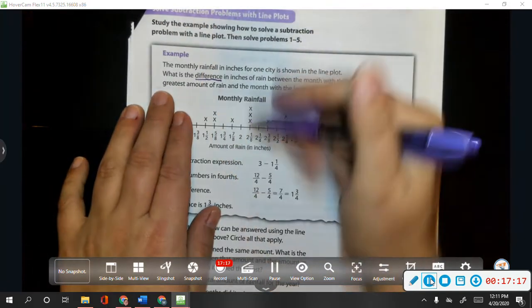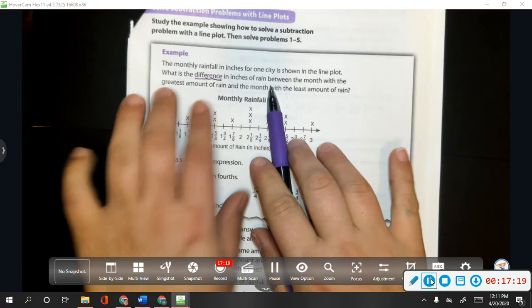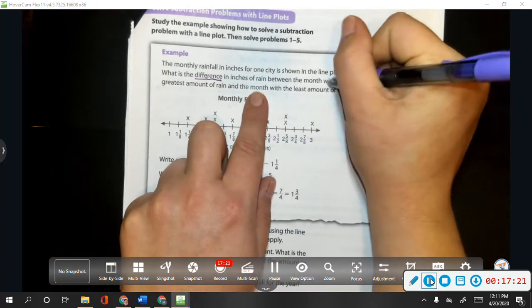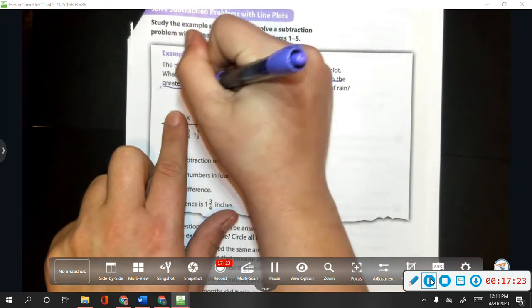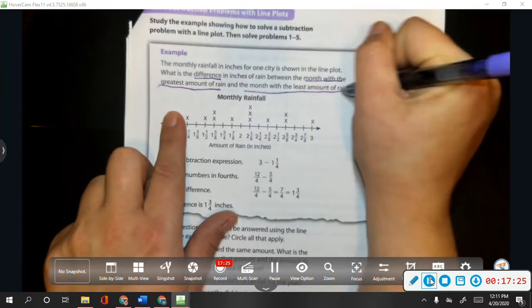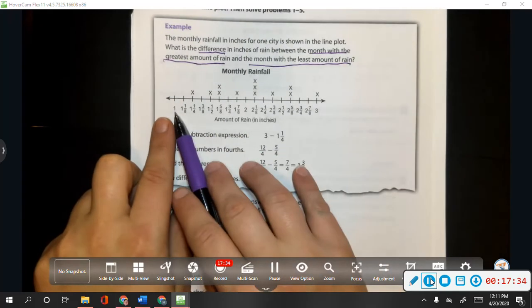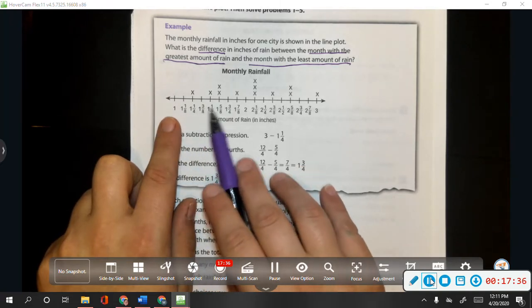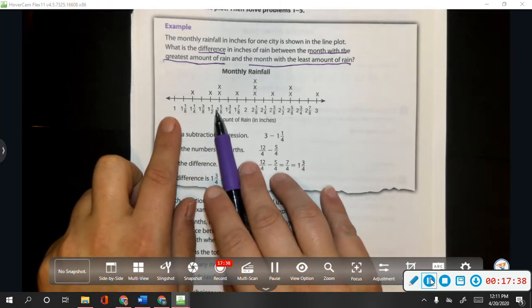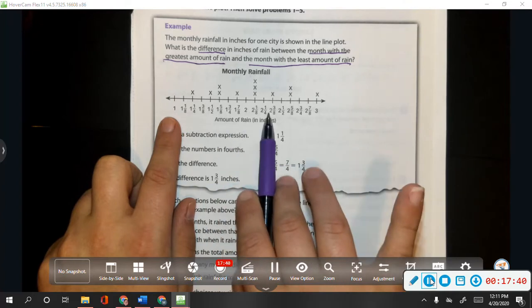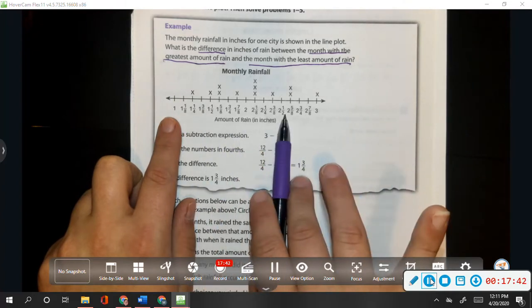What is the difference in inches of rain between the month with the greatest amount of rain and the month with the least amount of rain? So we're looking for the most rain dropped and the least rain dropped. Let's look at our line plot. We have eighths, fourths, and halves. And so we need to change those so all of our denominators match.